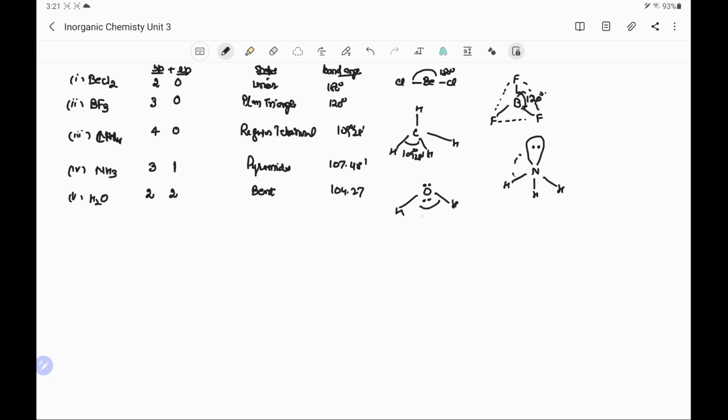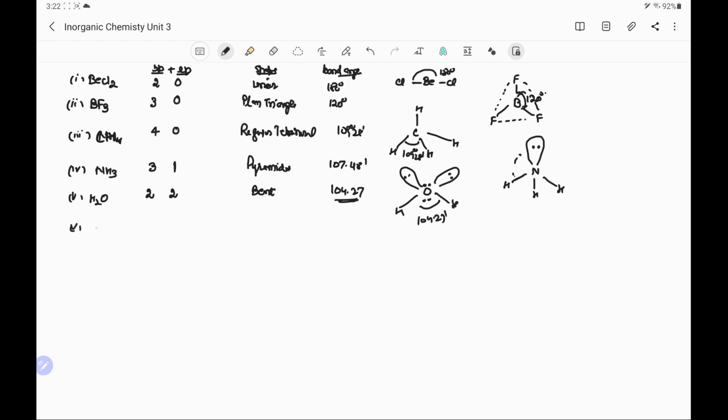And this angle is 104.27. And if we draw the lone pairs also, then the shape of the lone pairs will be like this. And this lone pair repulsion causes more distortion in comparison to ammonia. Therefore, its bond angle is lesser than NH3.